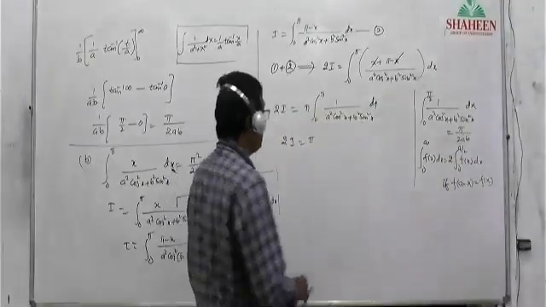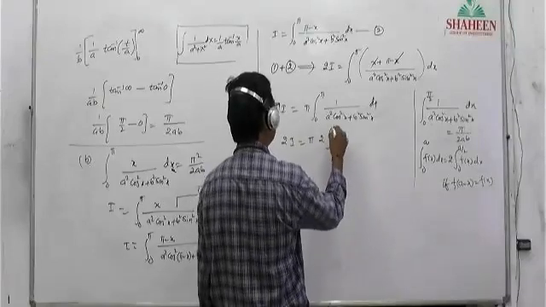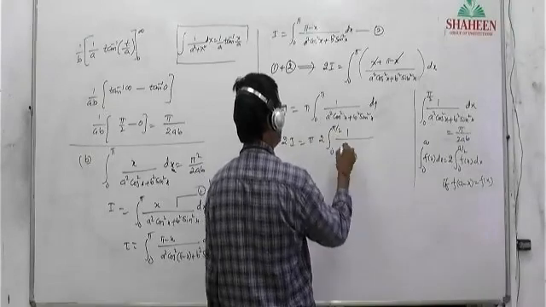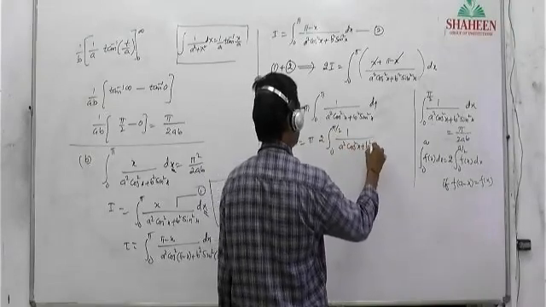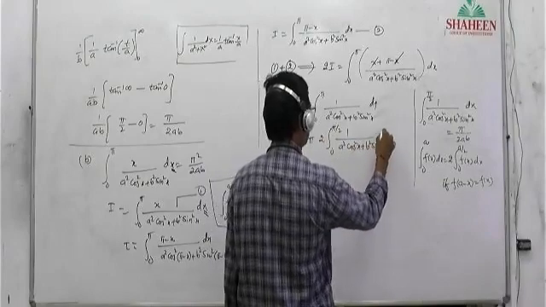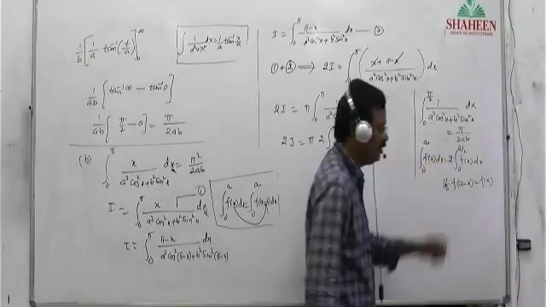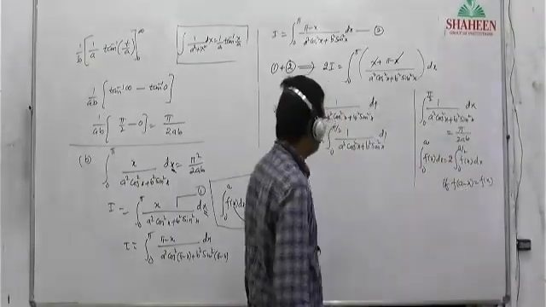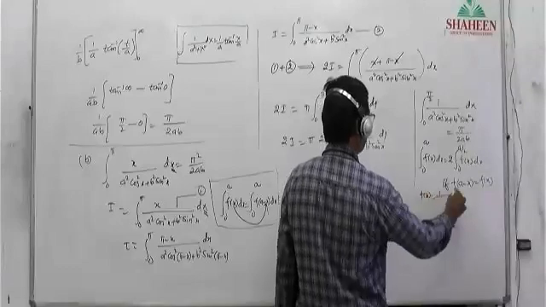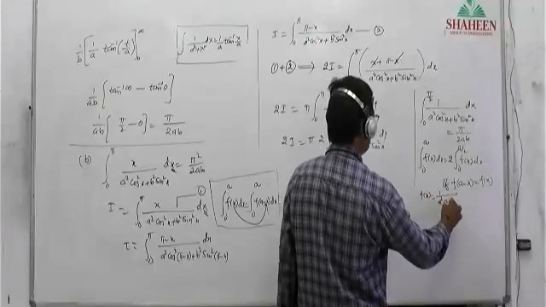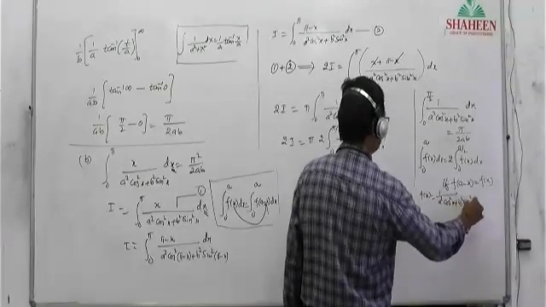Now, is that possible? Here, can we write 2 times integral 0 to pi by 2? Can we apply this? Check whether it is satisfied. f(x) is 1 by a square cos square x plus b square sin square x.